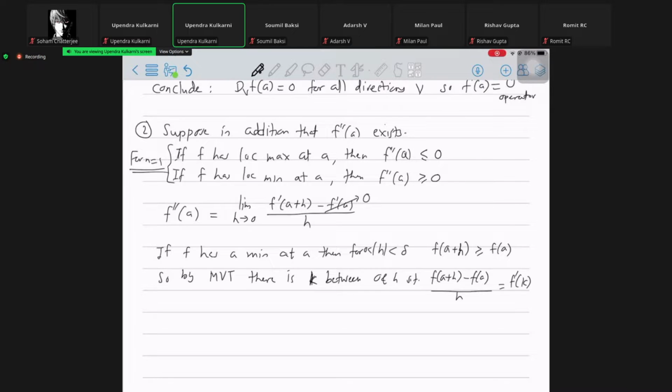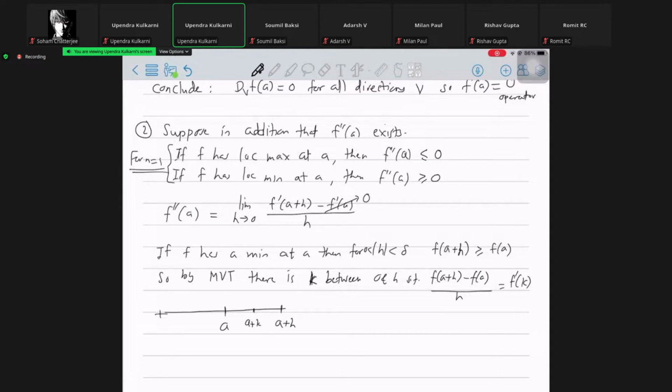And what about the denominator? When h is positive, the denominator is going to be positive, and when h is negative, the denominator will be negative. So what will happen? For every point to the right of a, so here is the thing. This is a, this is a plus h, and this is a plus k.